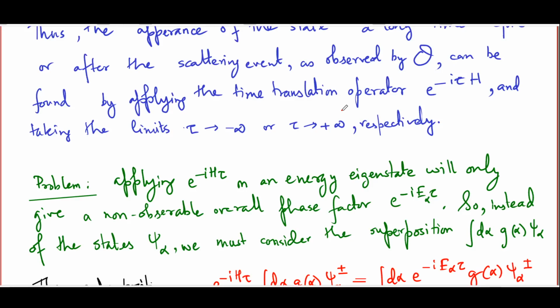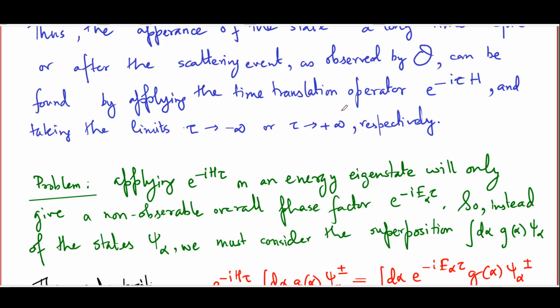Now, let me remind you that the integral over d alpha actually means integrals over all the 3-momenta of the individual particles as well as summation over the discrete indices sigma and n. Here g alpha is a smooth function of the parameters describing the state, and we expect it to be centered around some mean energy of the system, and it would vanish if the energy strayed too far away from that central value.